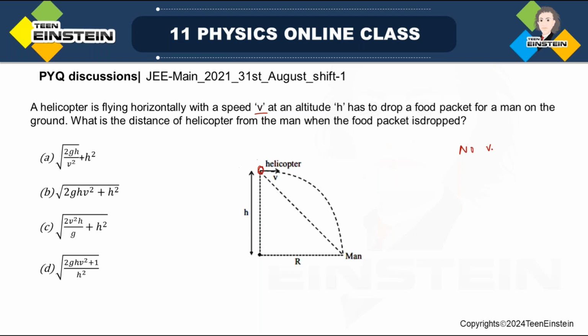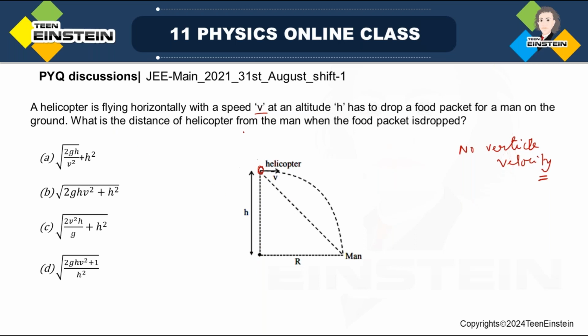So no vertical velocity. Okay, no vertical velocity. So this is the main point. Now let us see this altitude h, you can see that.